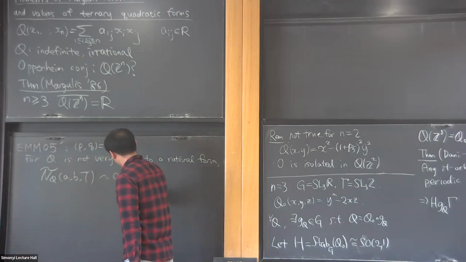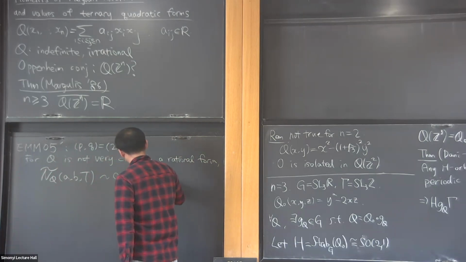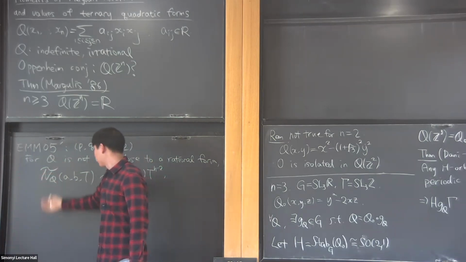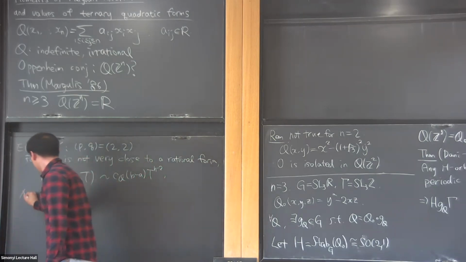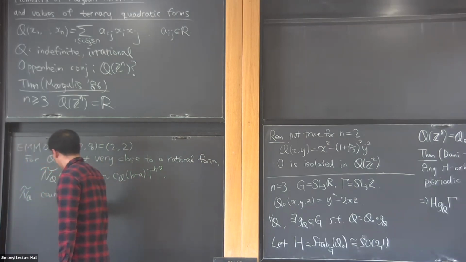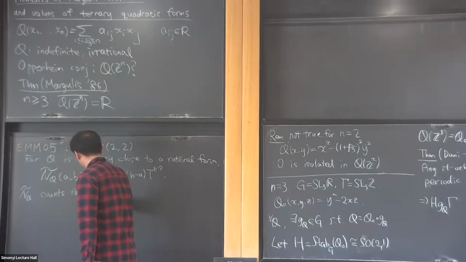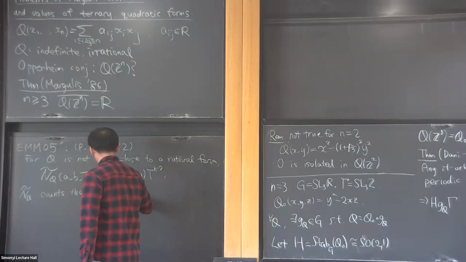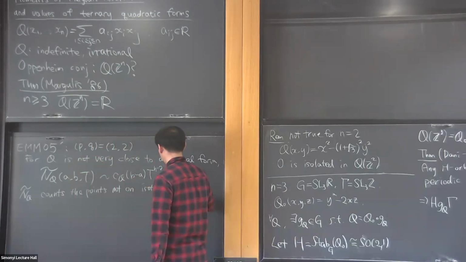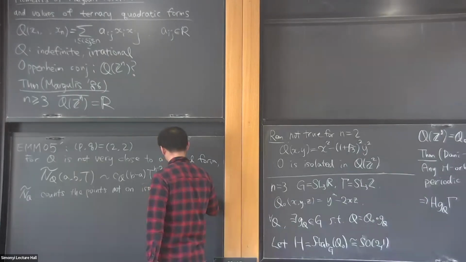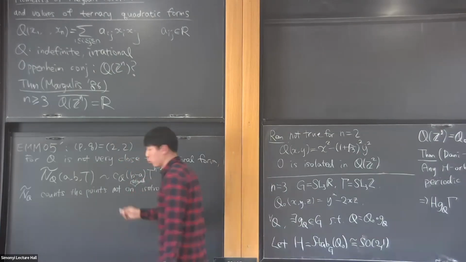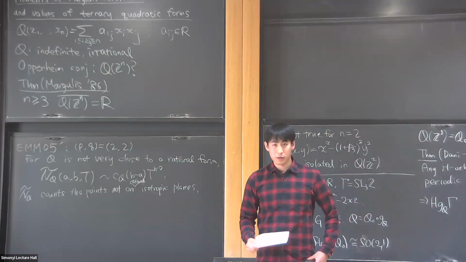The asymptotic is as expected, up to some adjustment for the counting function. What is the adjustment? This counting function counts the points not on isotropic rational isotropic planes, in order to avoid the second scenario.